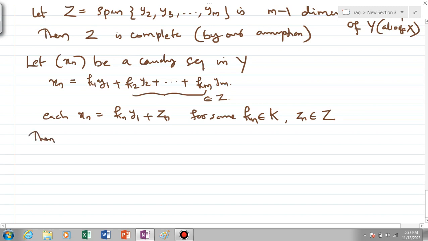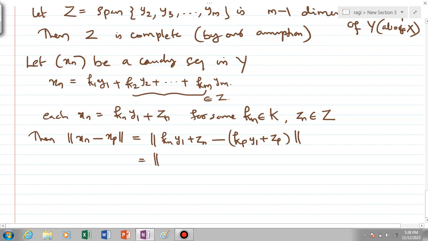Then norm of xn minus xp is equal to norm of kn y1 plus zn minus kp y1 plus zp, and this is equal to norm of (kn minus kp) y1 plus (zn minus zp).